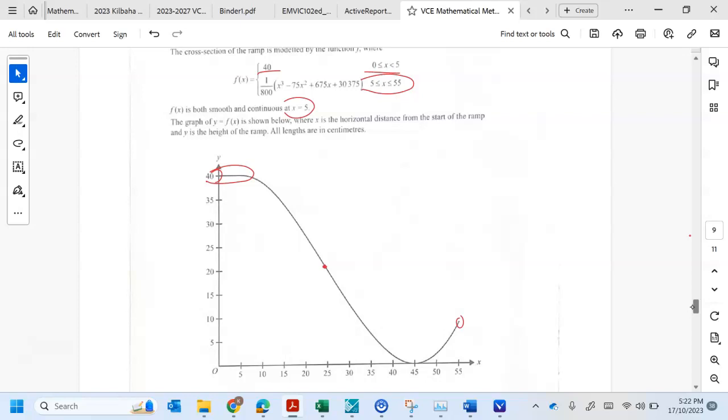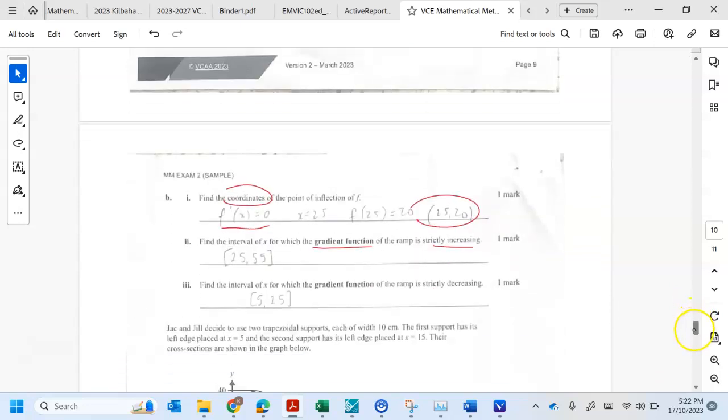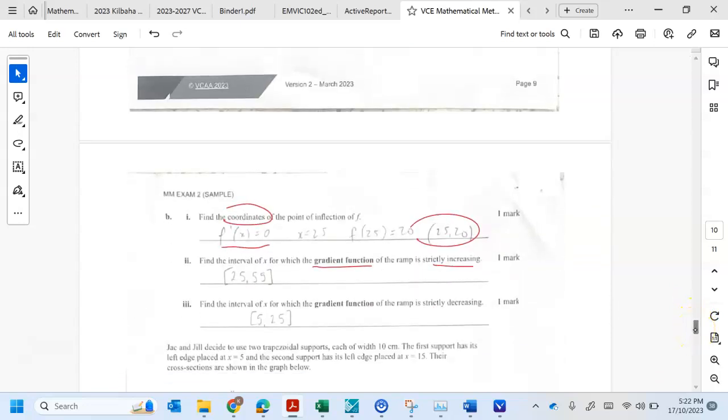So basically your gradient is decreasing up to that point, so it's a negative graph, and then it's increasing, a positive graph. So from 25 to 55, it is strictly increasing, and from 5 to 25, it's strictly decreasing.